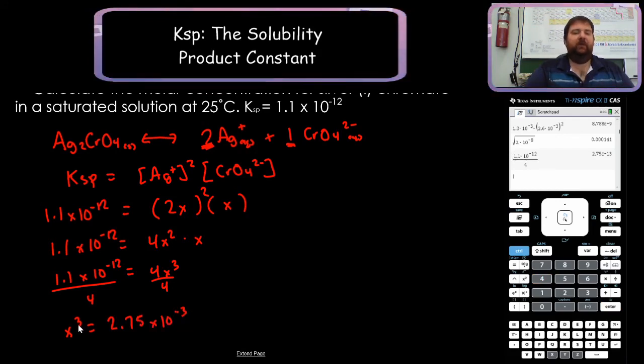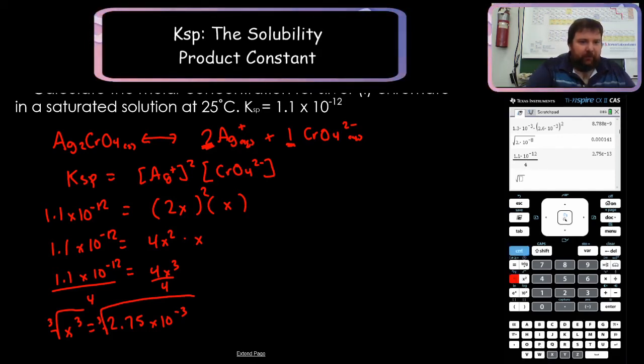How do we get rid of this cube here? Well, the same way we got rid of the square. And the way we do that is we take not the square root, but the cube root. And we have to do that to both sides. So we're going to modify our root to be the cube root.